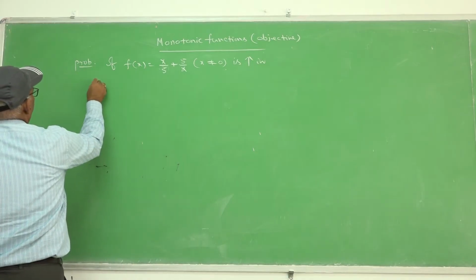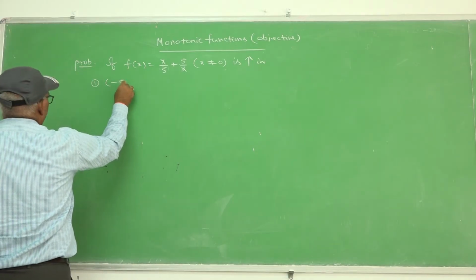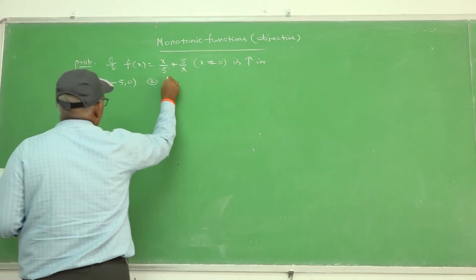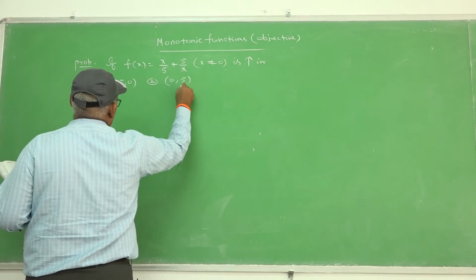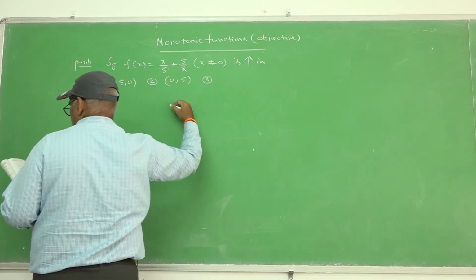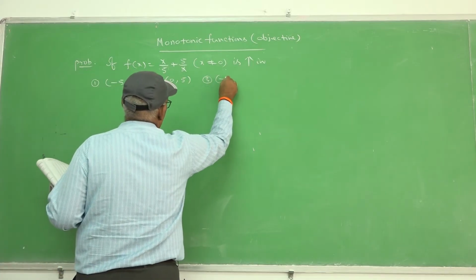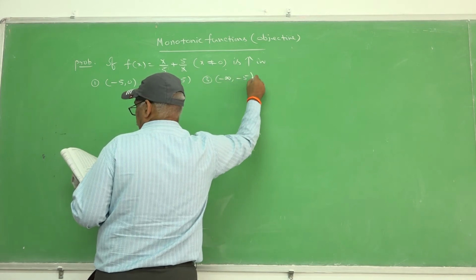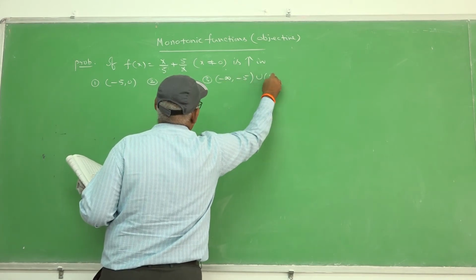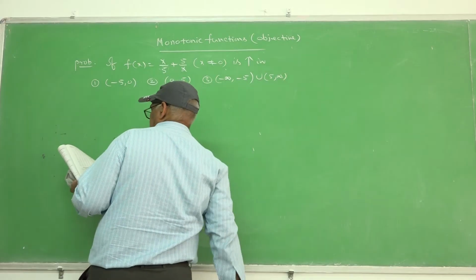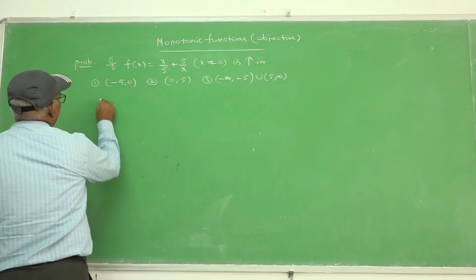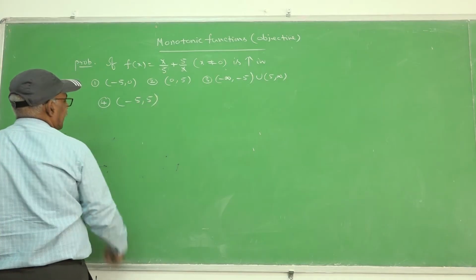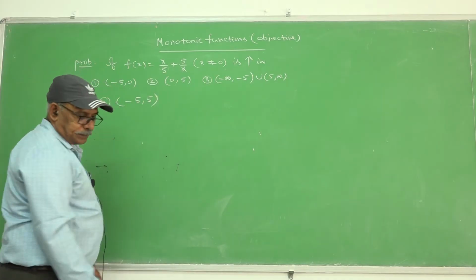The first option is minus 5 comma 0. The second option is 0 comma 5. The third option is minus infinity to minus 5 union 5 to infinity. The fourth option is the open interval minus 5 comma 5.